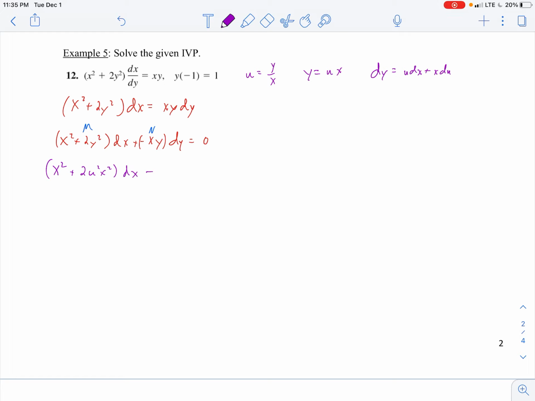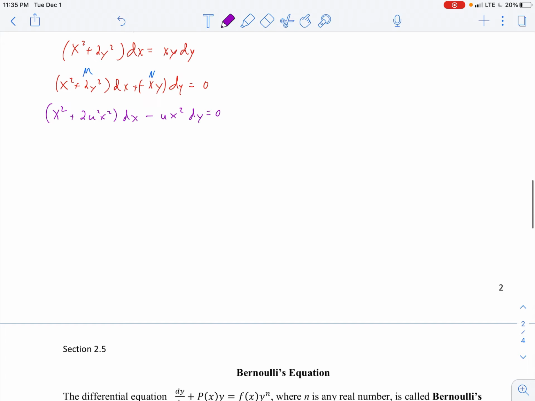Minus x, which is going to be x, y is ux. So we'll just say x squared u, or we'll say ux squared, dy equals 0.